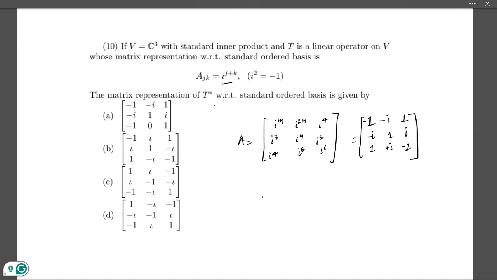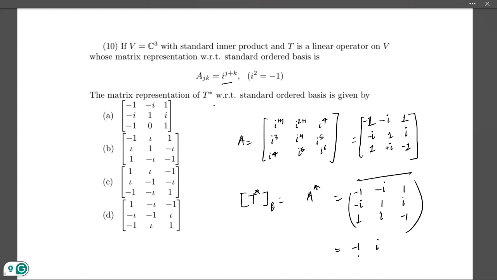Okay. Now they are asking what is the matrix representation for T star. This will be nothing but A star. What is A star? Just take the transpose and then conjugate it. Minus 1, minus I, 1, minus I, 1, I, 1, I, minus 1, the matrix, and then conjugate it. This will be minus 1, I, 1, 1, 1, minus I, minus 1.